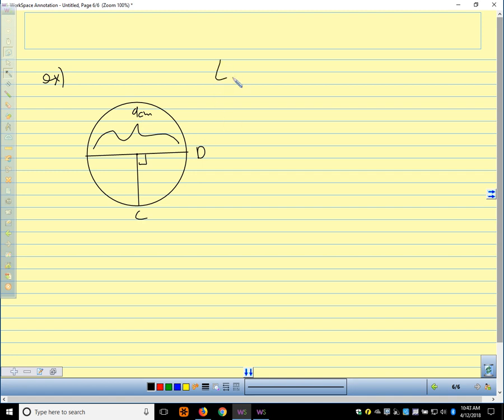And we want to find the length of arc CD. We could do this in a couple different ways. We could calculate, or we could think about it without calculating. How much of the circle does arc CD take up? If that central angle is 90 degrees, what is it, Andre? A fourth. 90 degrees is 1/4 of the circle.